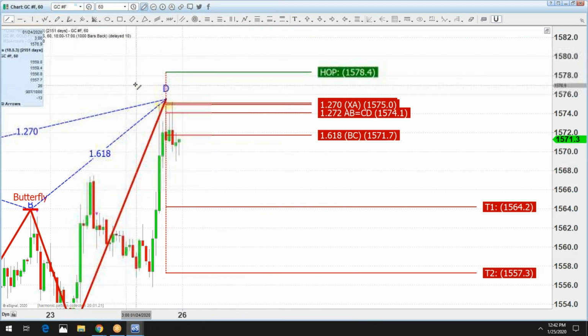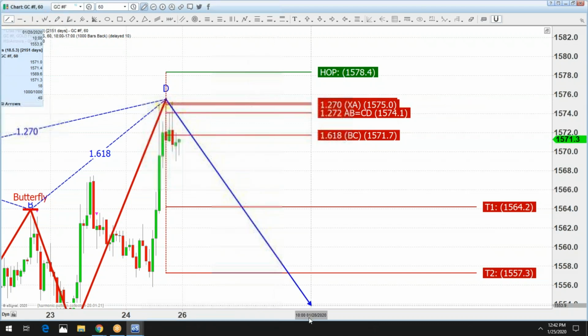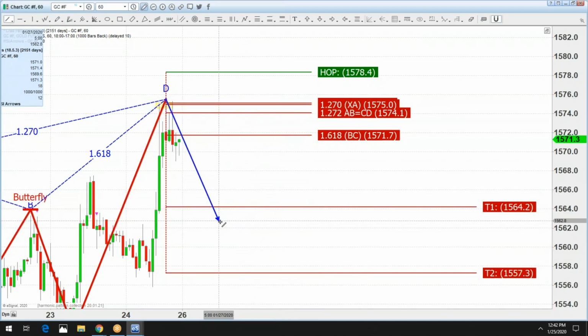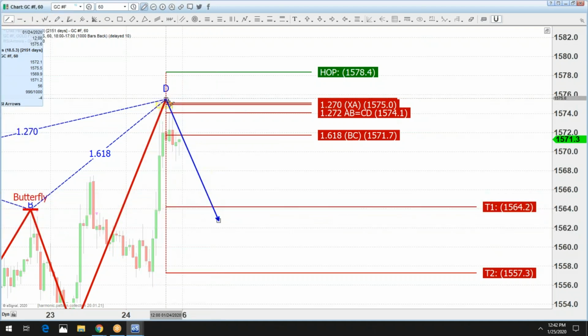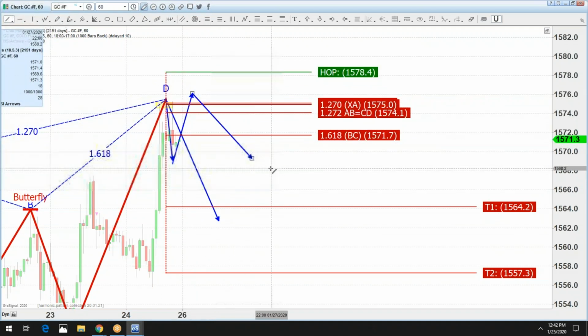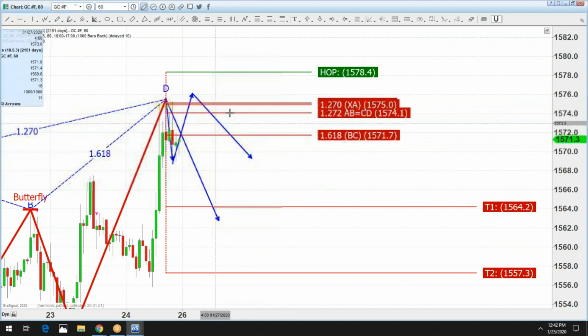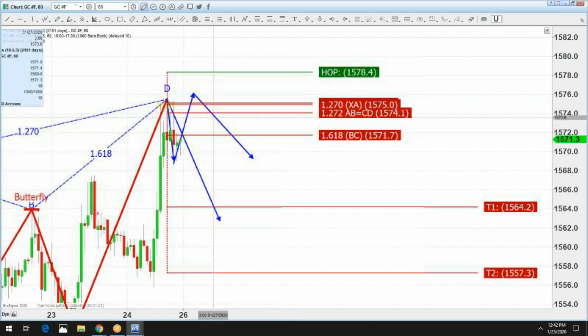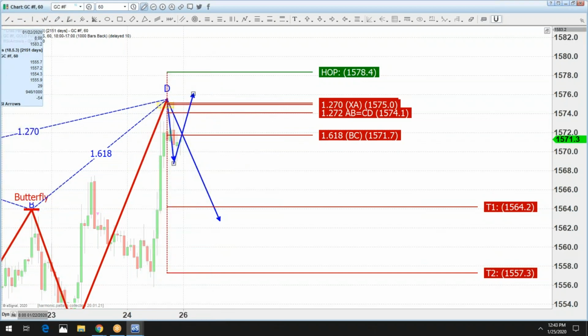I think a lot of people tend to try to execute right at this point and look for the move down and get frustrated, because what happens is it goes through, in most cases, a bit of a consolidation before the larger move unfolds. And this hop level for this butterfly right here is, I think, a great case.